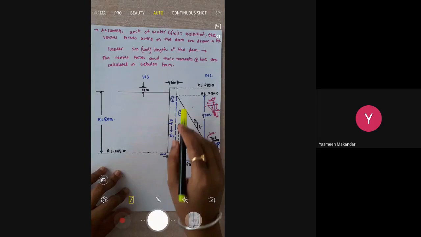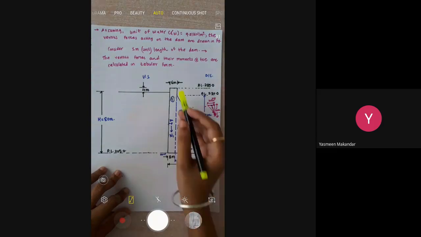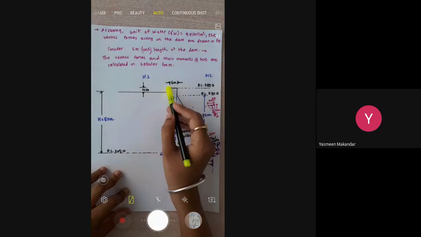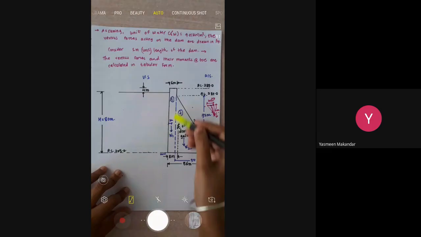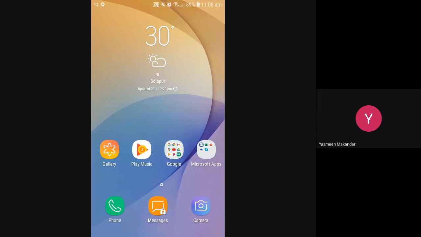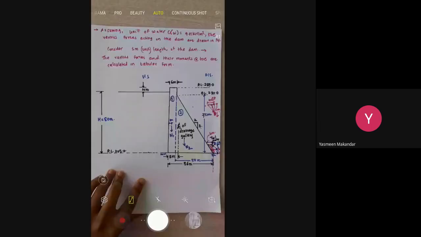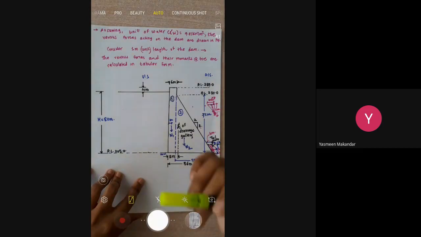One is a rectangular portion having a top width of 6 meter and the total height. The remaining part will be the triangular portion. Okay. So we have finished off the vertical forces. Fine. So vertically downward forces we have worked out first. Then we will go for vertically upward forces.